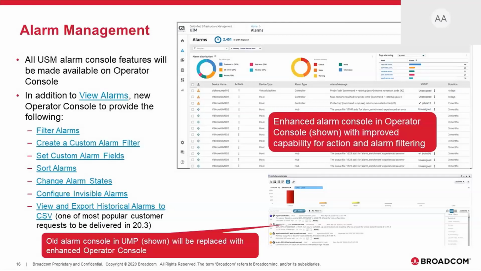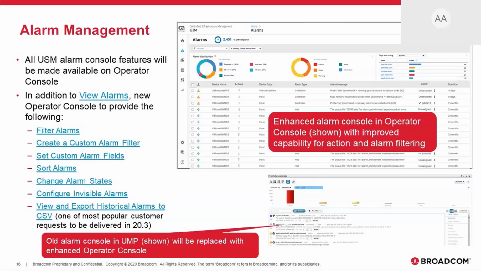As you can see on the top screen, we plan to enhance the view of alarm management so that users can filter the way they want intuitively based on various alarm attributes, say origin or probe or host, severity, just to name a few, or any custom field or user tags.